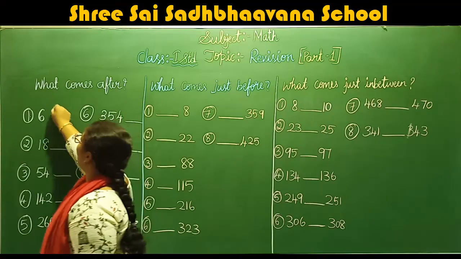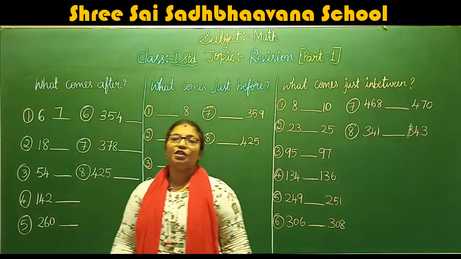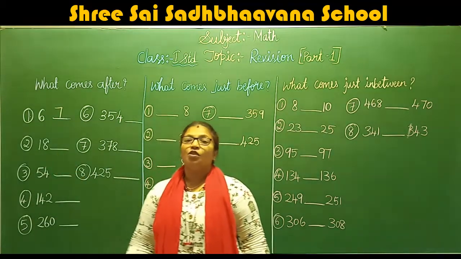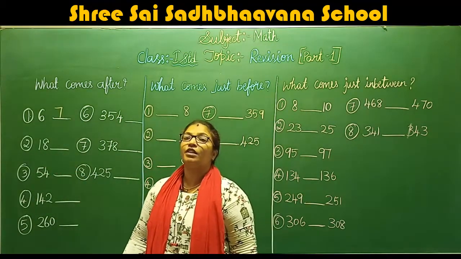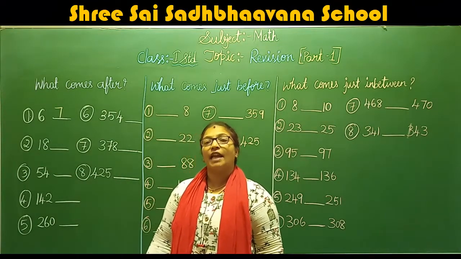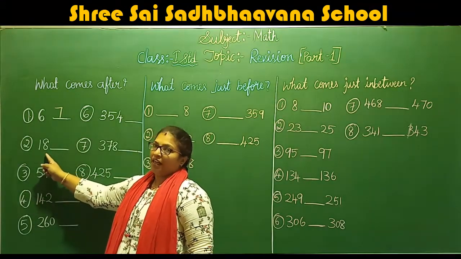It is 7. Right? Next I gave you 2-digit numbers, that is 1, 8. 1, 8 becomes 18.